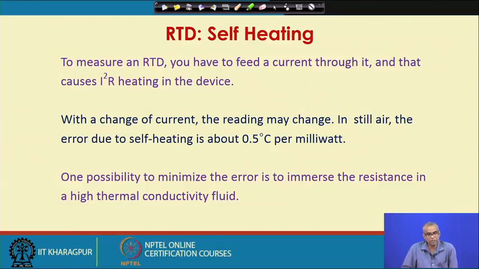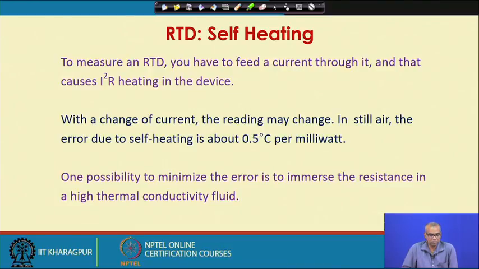When you want to measure temperature using RTD, you have to feed a current through it, and that will cause I square R heating in the device. With a change of current, the reading may change because of the heating, because if RTD is heated, its resistance will change.